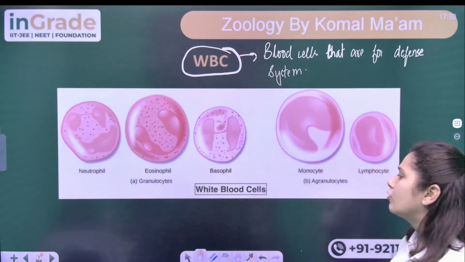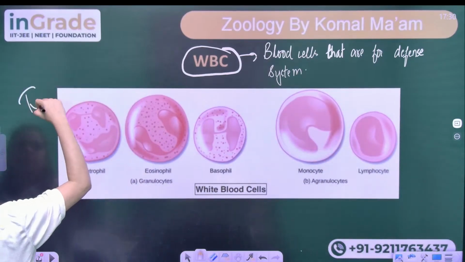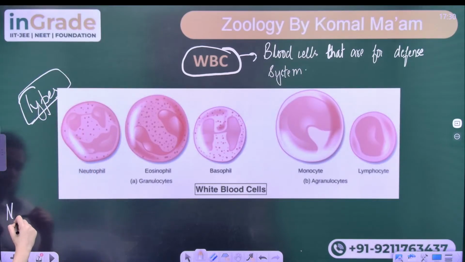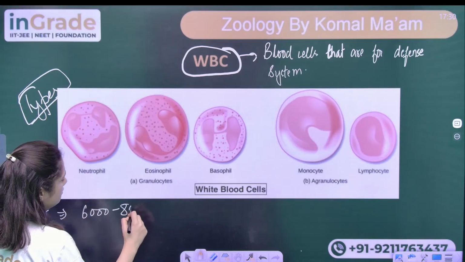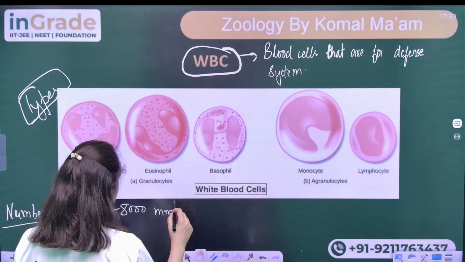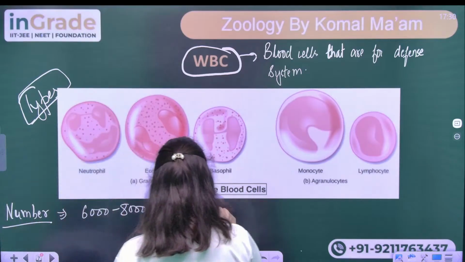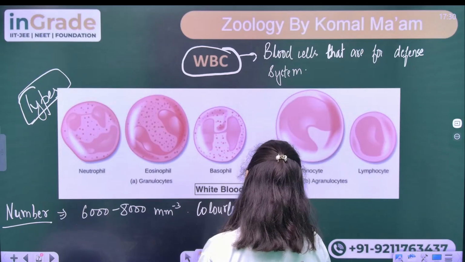Okay, we'll discuss the types in detail. If we talk about their number, it is around 6,000 to 8,000 per cubic millimeter. Okay, they are colorless due to lack of hemoglobin.